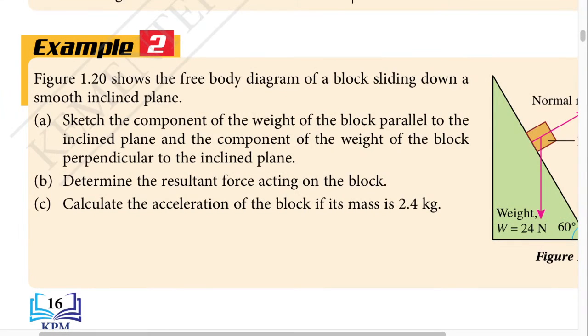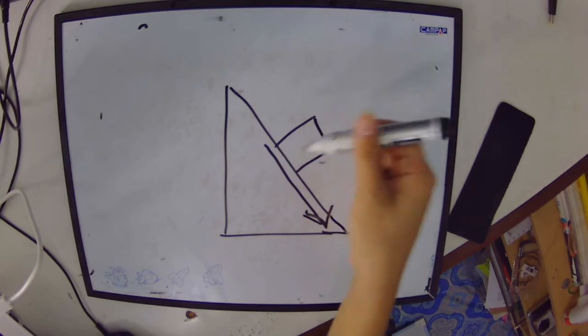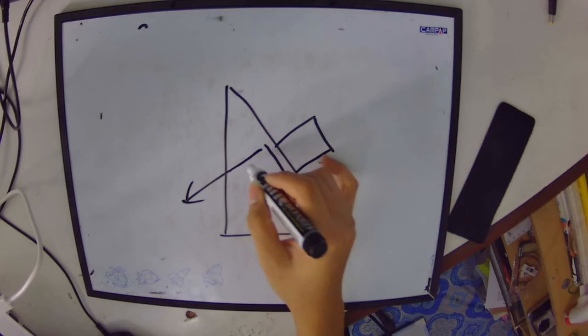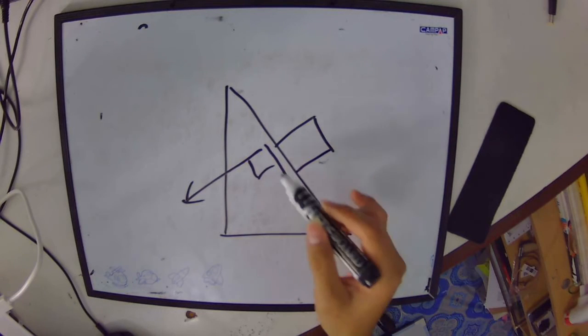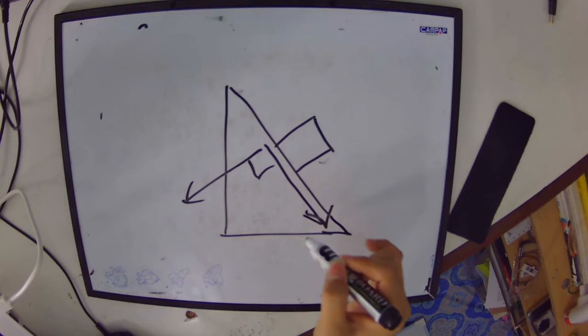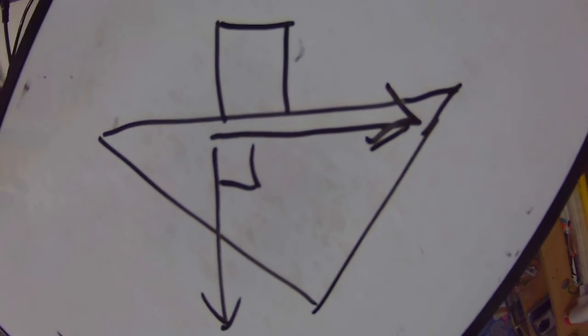The component perpendicular to the inclined plane means in this direction, since the block is going this way. This is where you need to be careful, because this is your horizontal and your vertical. It doesn't actually look horizontal unless you turn it to make it horizontal. So that's the resolution that we need to do.